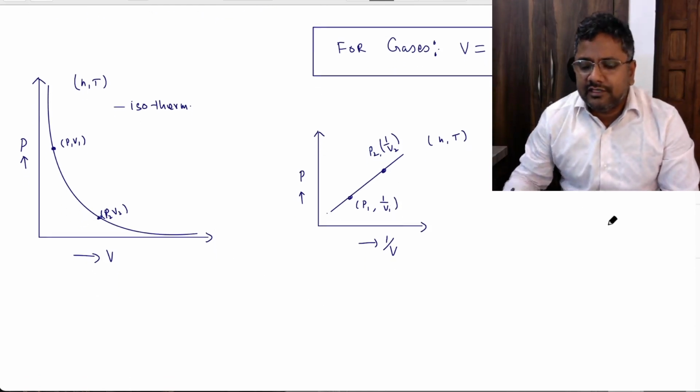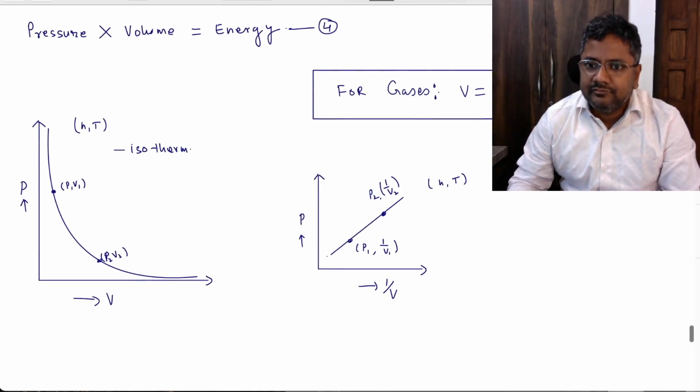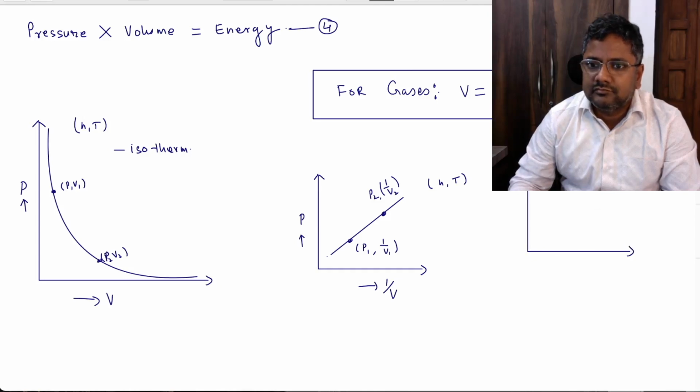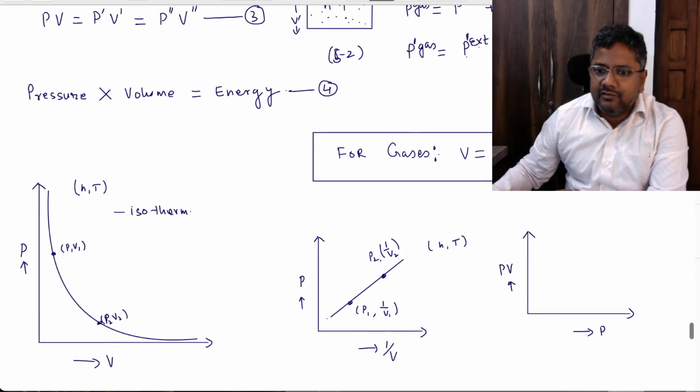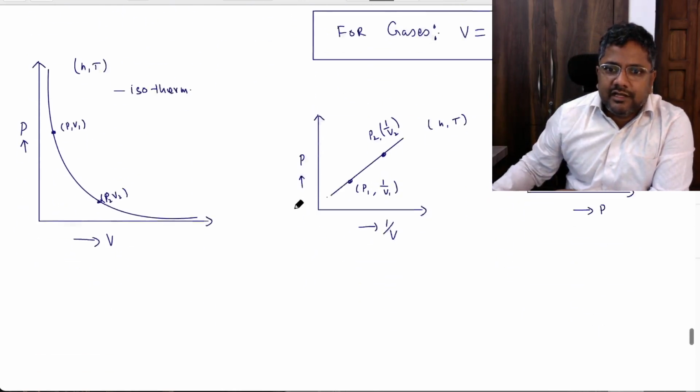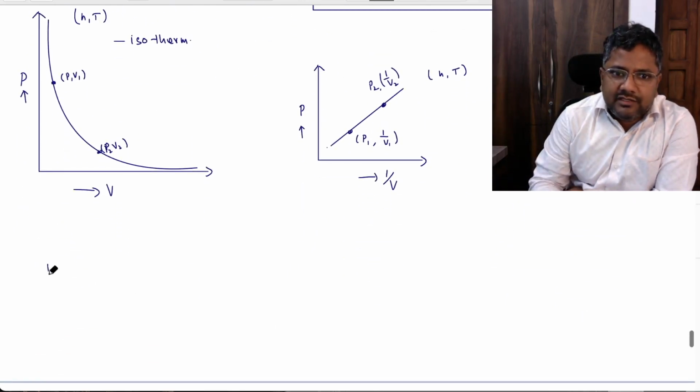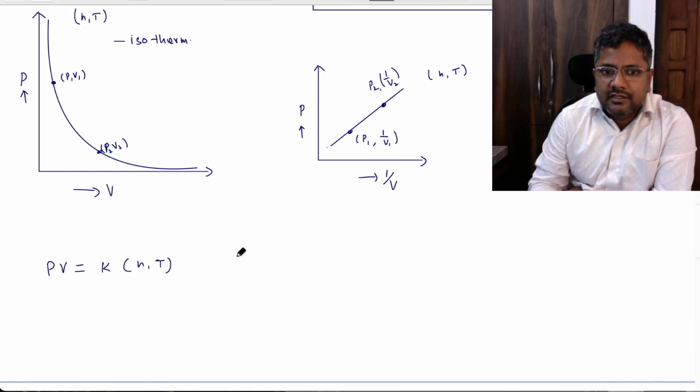One more graph you can see here: PV versus P. If you want to see that, again analyze your formula. PV is equal to constant K at N and T, right?